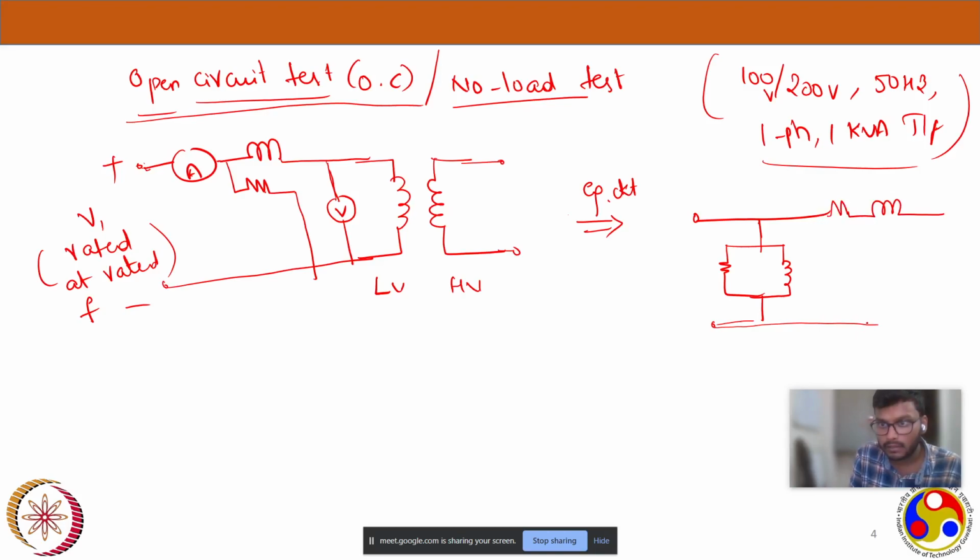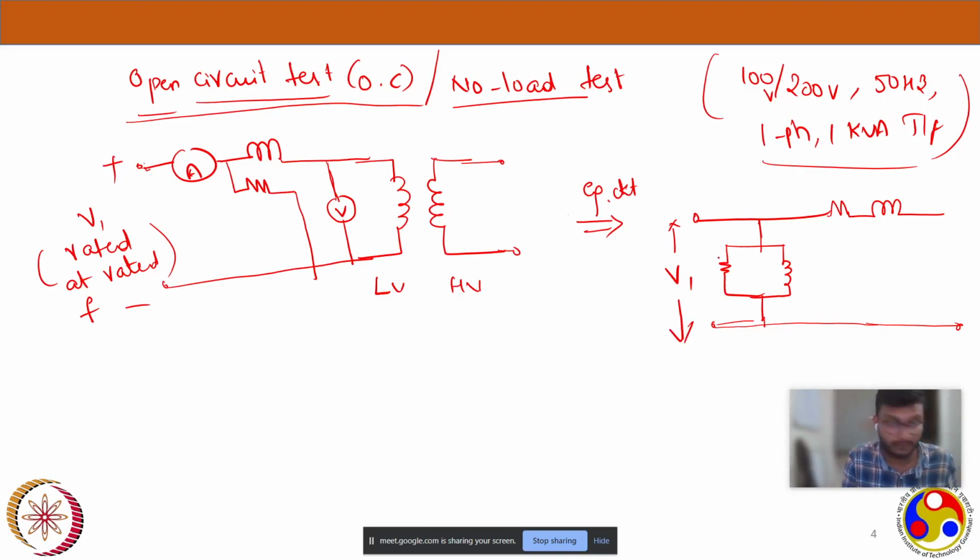We remember the equivalent circuit we drew a few minutes before. Since it is the low voltage side, we have to refer all the parameters to the low voltage side. That's what we are trying to do. We have provided the transformer with a rated voltage V1, that is 100 volts.